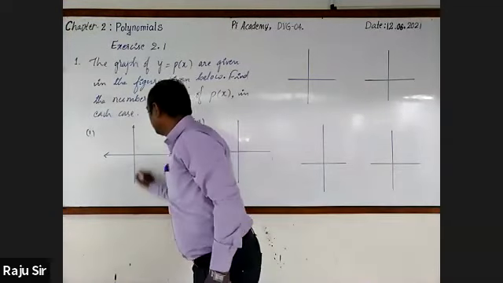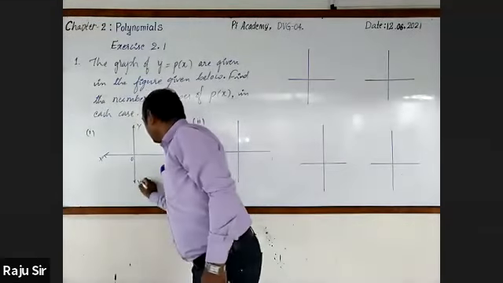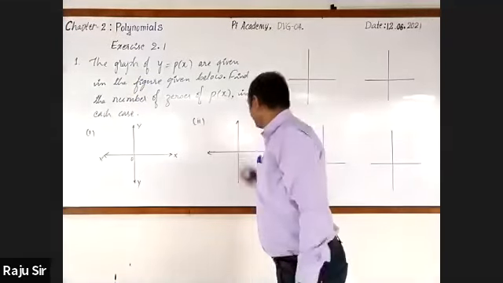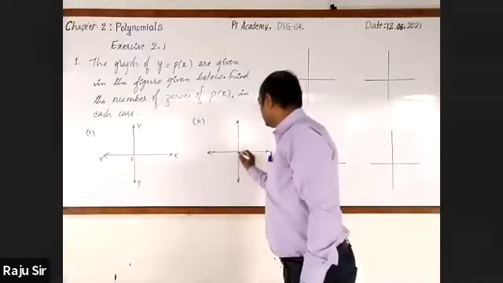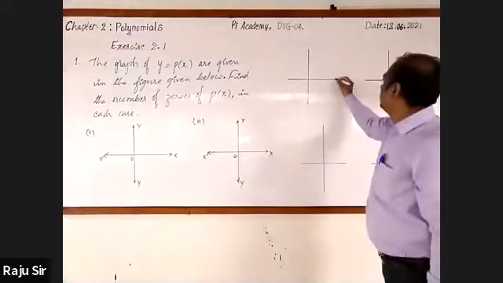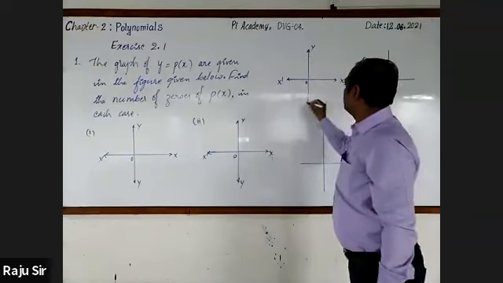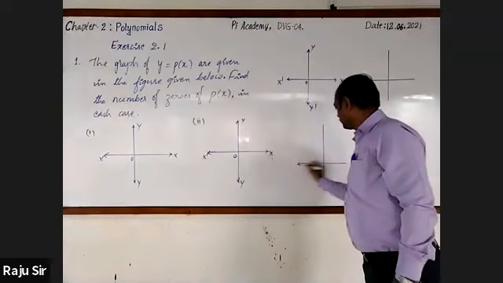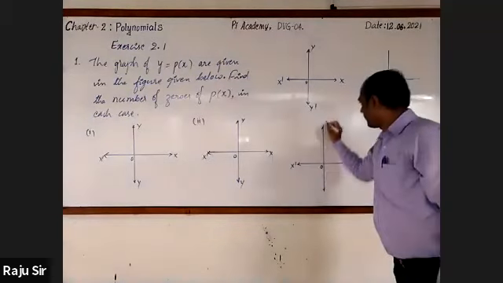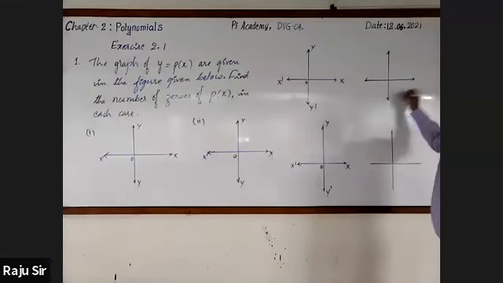Now you mark this as x, O, x dash, and the y axis is denoted as y O, y dash. Here also, with respect to all the graphs, go for marking all these: x, O, x dash, y O, y dash. As quick as possible.